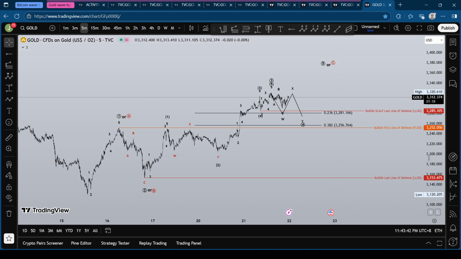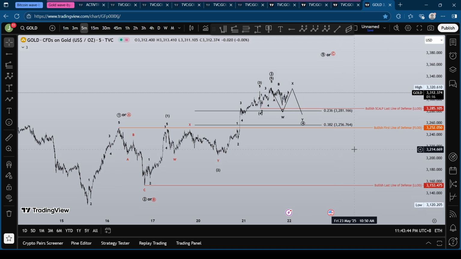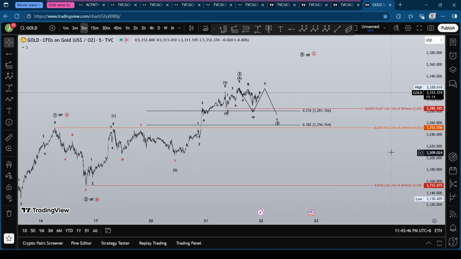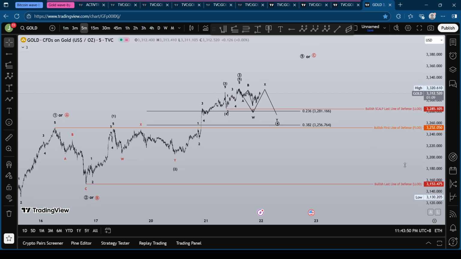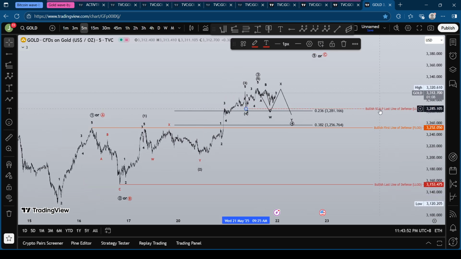Okay? So with this particular counting, the important levels that you need to consider are the following. This one, the bullish scalp line of defense. This is just for scalp purposes.